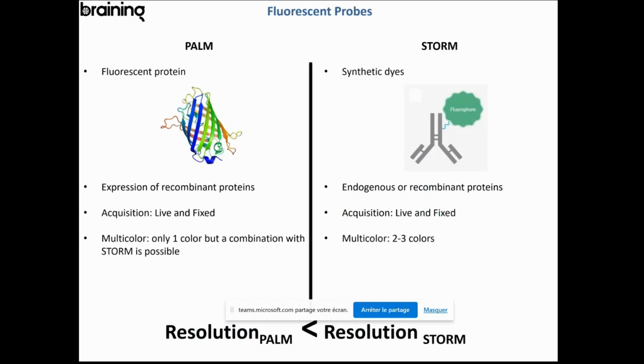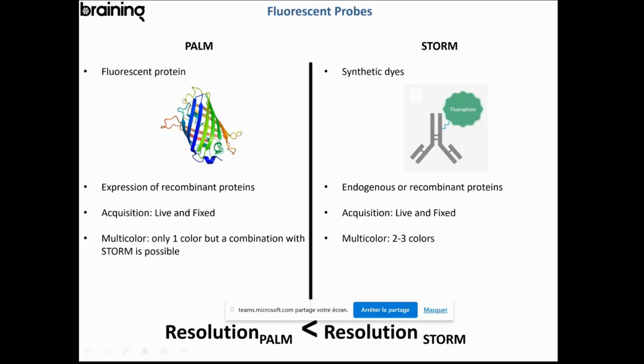All right. So the difference between the PALM and the STORM super resolution is based on the dye that you are using. For the STORM image, we are using synthetic, organic dyes like Alexa dyes, Cy3, Cy2, Cy5, the typical synthetic dyes.